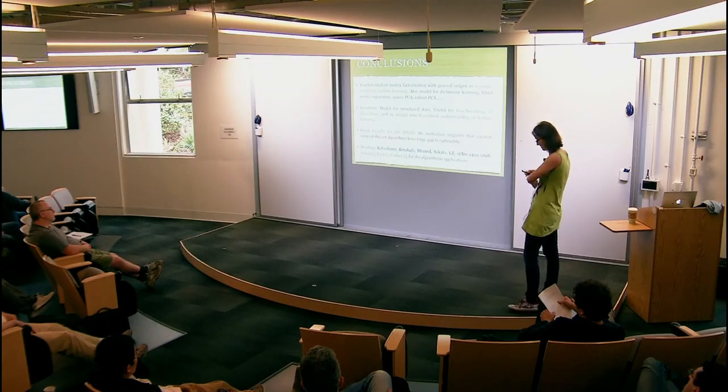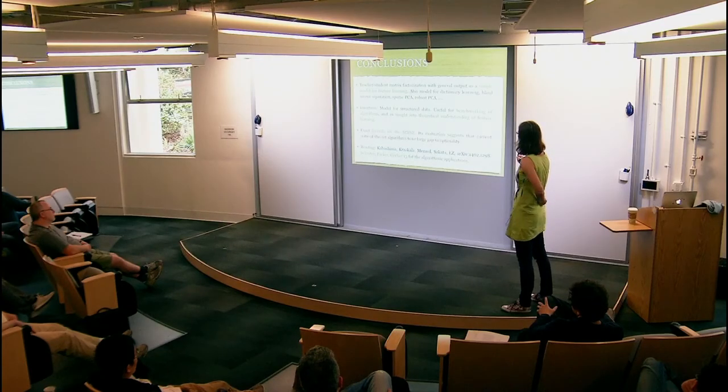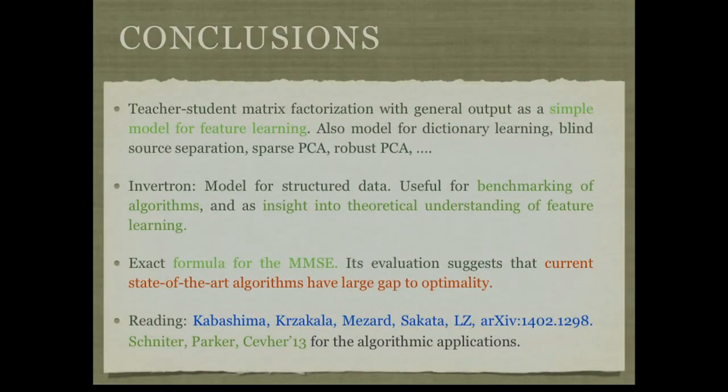So that's the conclusion. I presented you this problem, which can be thought of as a simple model for feature learning, if you want. And as such, why study randomly generated data if all the data in the world are certainly not random? Well, the idea is the same as with the stochastic block model, right? It's also a random model and nothing looks like it was generated from the stochastic block model.